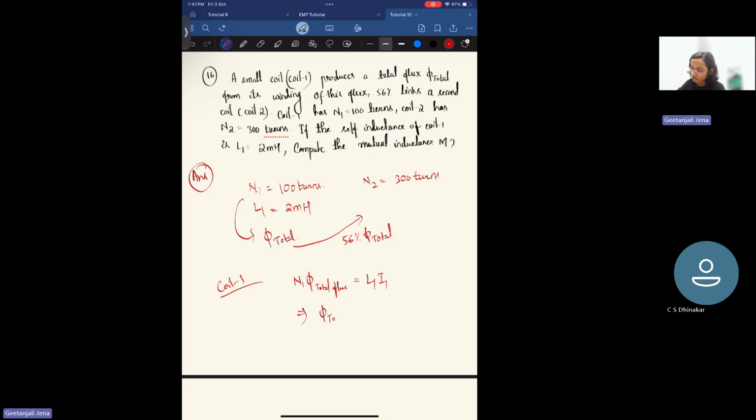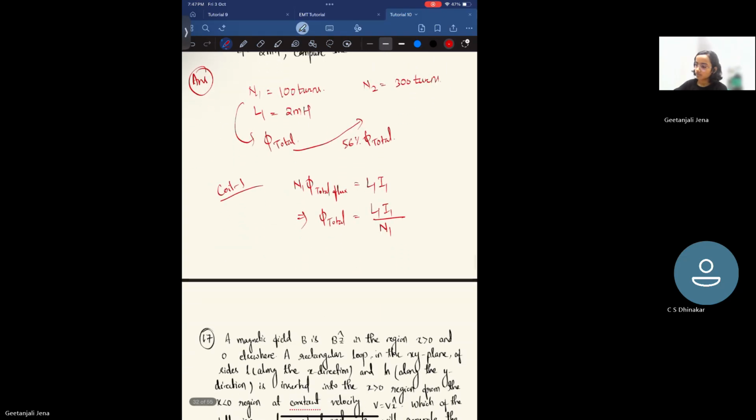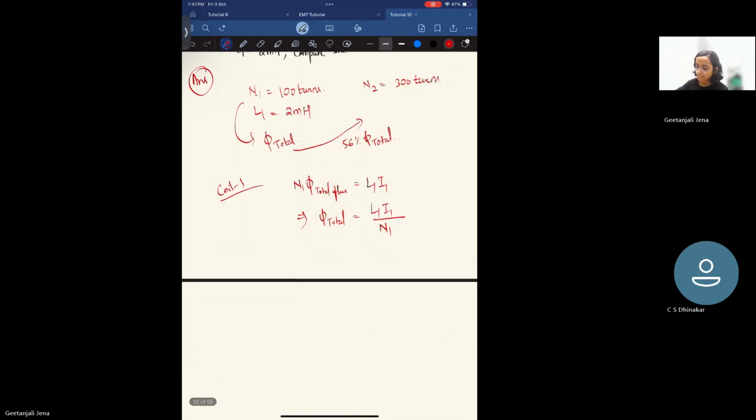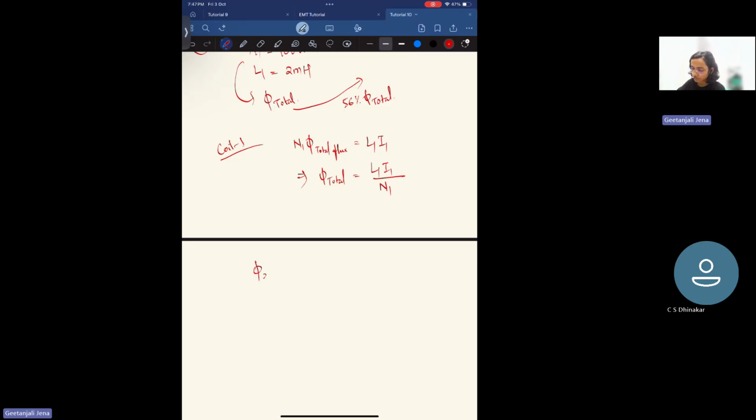So that means phi total is L1 I1 by N1. For the second one, phi 2 is 56 percent of phi total.